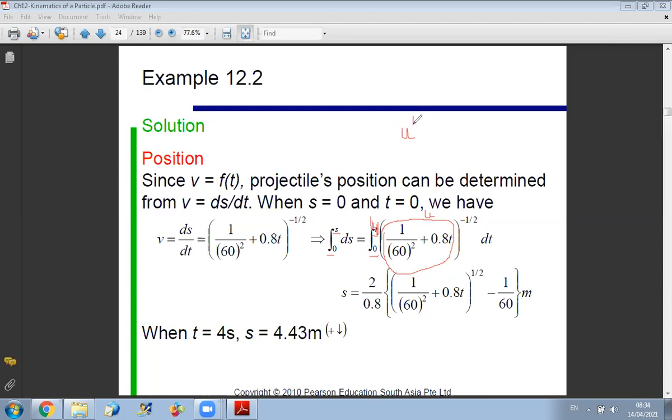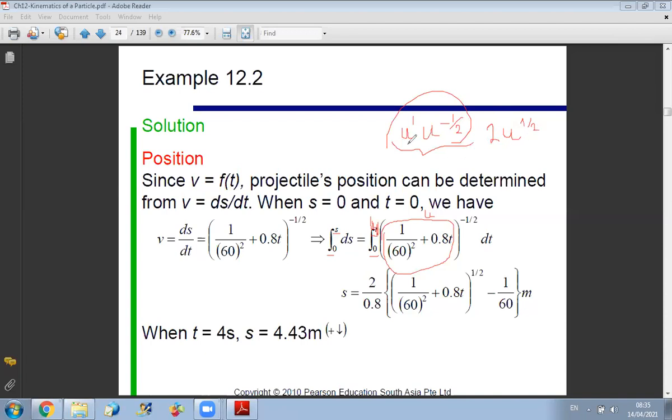If I have u prime times u to the power minus half, then I can say that the integration of this function will be u to the power 1 over 2 times 2. This is because integration is u to the power n plus 1 over n plus 1. So the integral of this function will be 2 times u to the power 1 over 2.